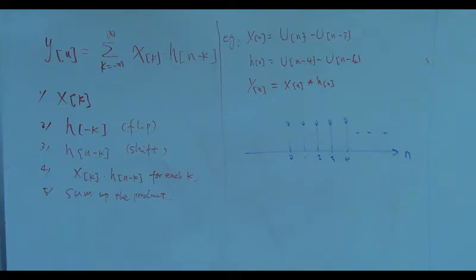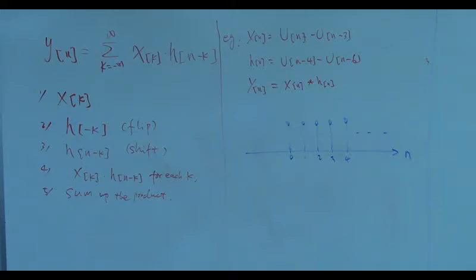Any time n is less than 4, this one times nothing here, so all the products would be equal to 0. You add up together, you get 0. That means we don't have any output. The shifts are n minus k.